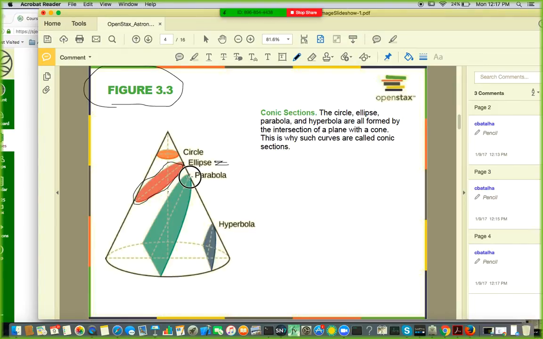But if you cut with an angle that is too open, and in this case here it happens to be pretty much parallel to the edge, you're never going to find the other side. So this is called a parabola. And if the line is now not parallel, but the angle is even larger, you have another curve that's called a hyperbola. Okay.